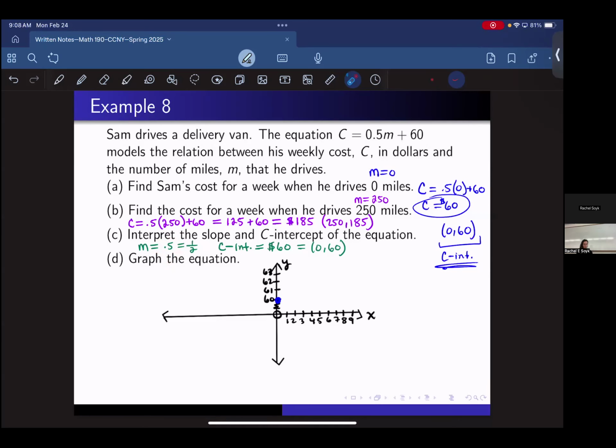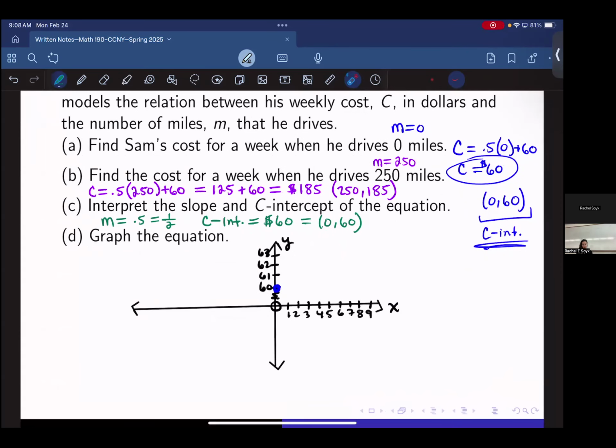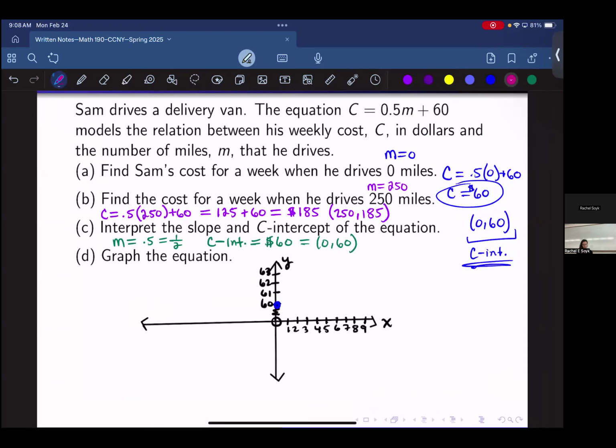So last but not least, let's just graph this. We plotted our y-intercept, but now let's use the slope to plot some additional points. So we're going up 1 over 2. Up 1 over 2.